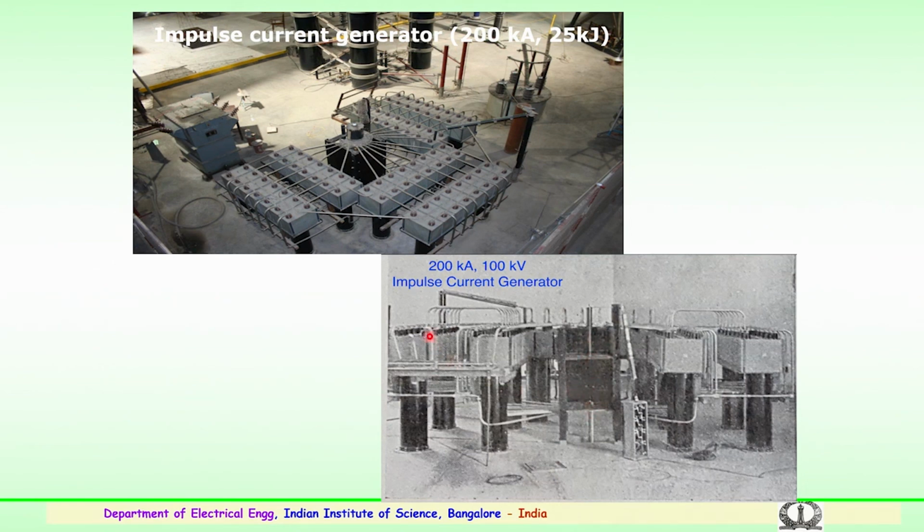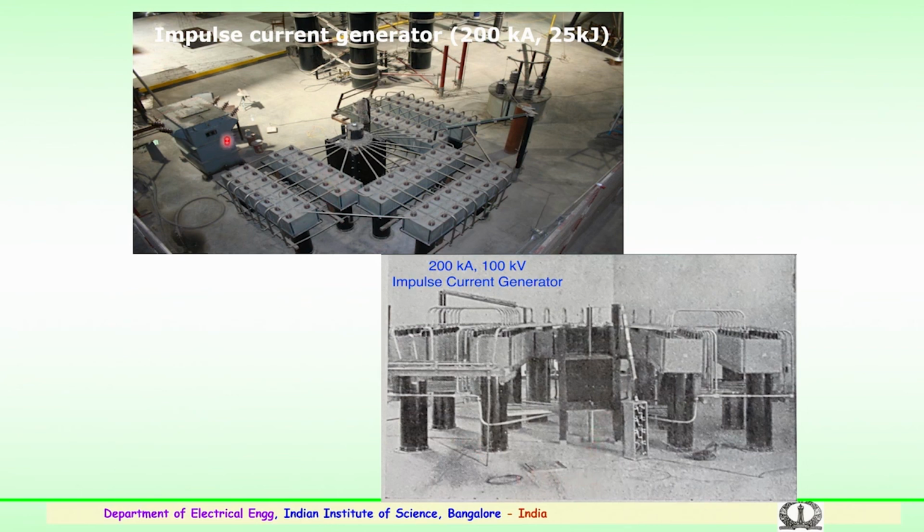The entire charge from these capacitors will be discharged in parallel through the sphere gap mechanism by a triggering activity, flowing through the test object, and measurements could be done.